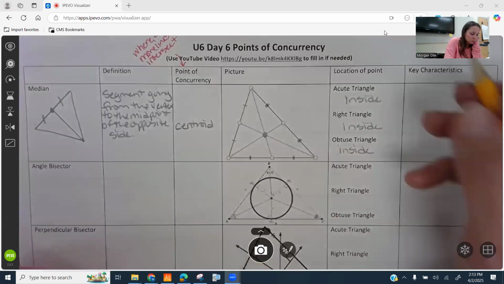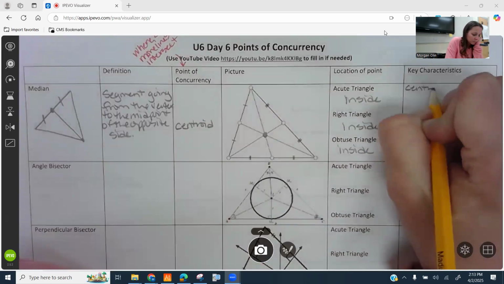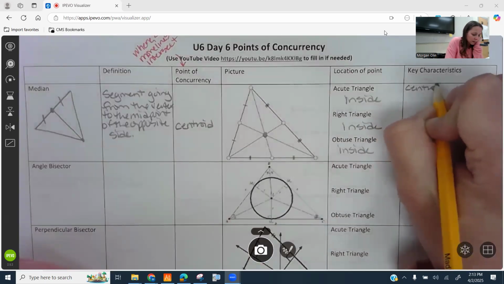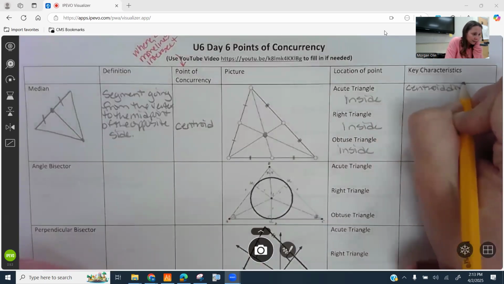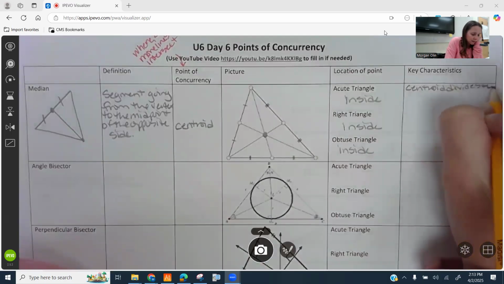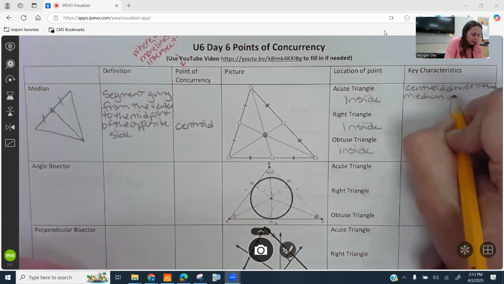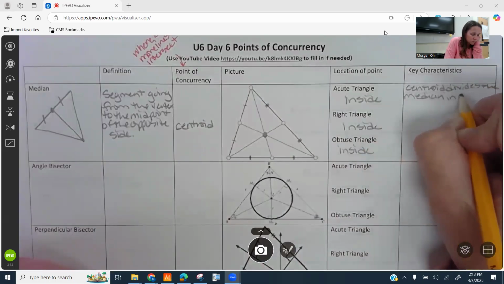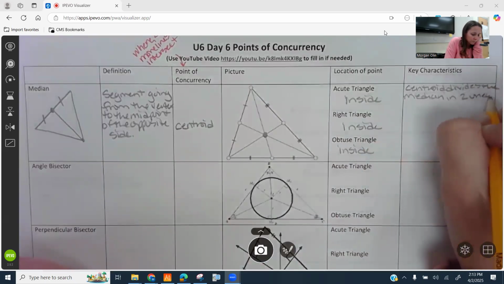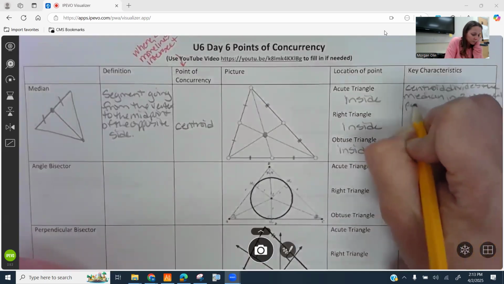The centroid divides the median in two unequal parts.